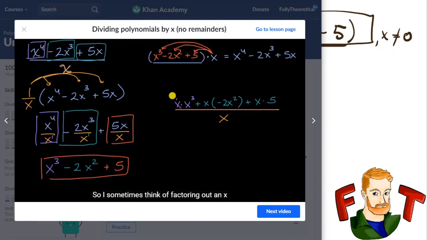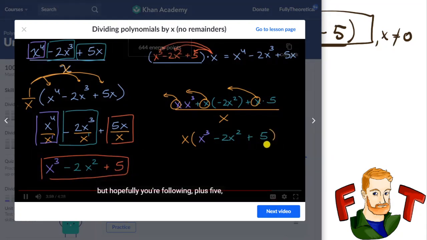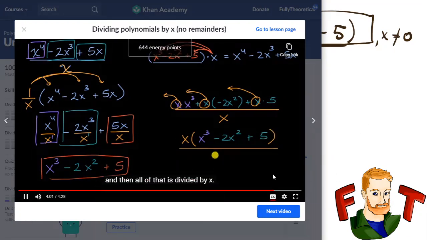I sometimes think of factoring out an x out of the whole thing as reverse distributive property. So if I factor out this x out of every term, what am I left with? I'm left with an x times x to the third minus 2x squared plus 5, and then all of that is divided by x.